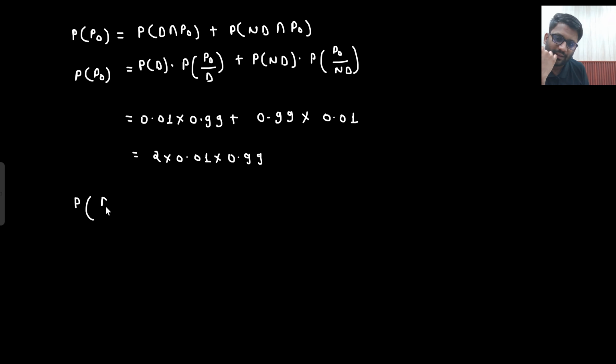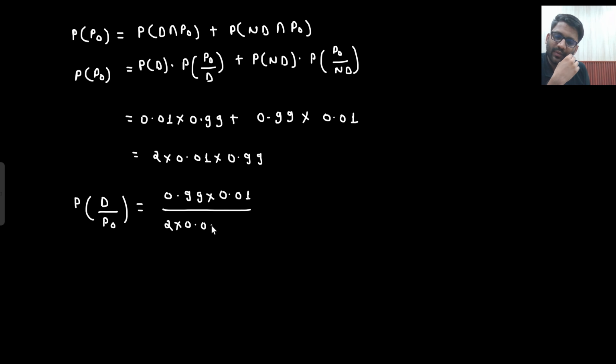Probability of having the disease given that the test is positive. So 0.99 into 0.01, divided by 2 into 0.01 into 0.99. So what is the answer? 1 by 2.